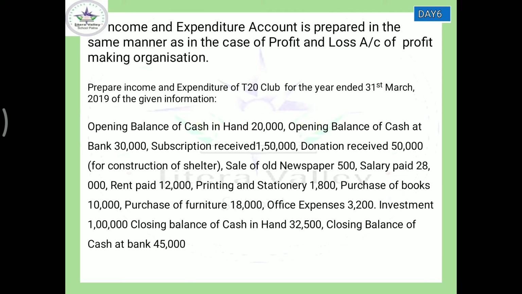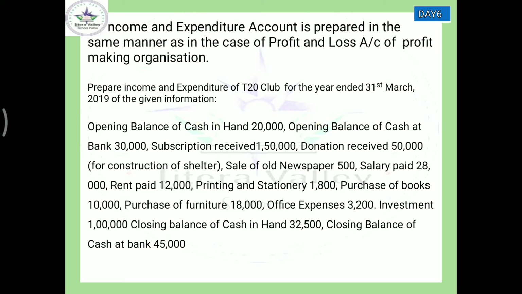Now come to the question. Prepare the income and expenditure account of T20 club for the year ended 31st March 2019 with the given information. Opening balance of cash in hand 20,000. Is it relevant for income and expenditure? No. Okay, good. Opening balance of cash at bank?